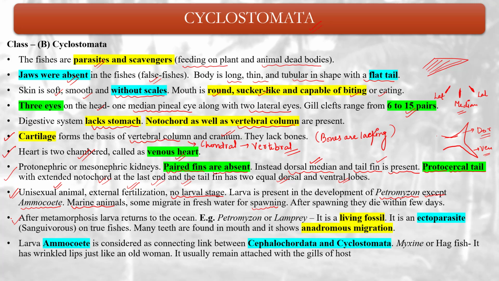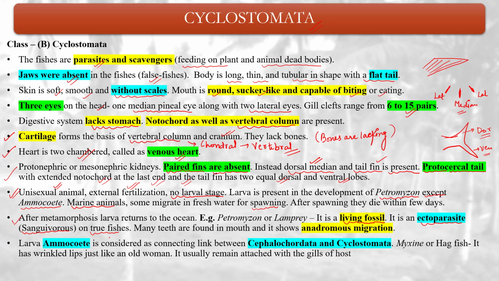For example, Petromyzon or lamprey returns to the oceans. Petromyzon or lamprey is considered a living fossil. It is an ectoparasite, a sanguivore, that feeds on blood of true fishes.